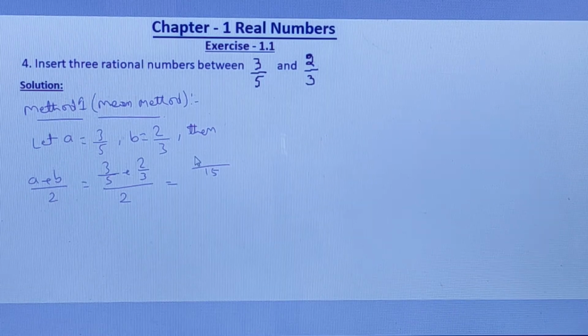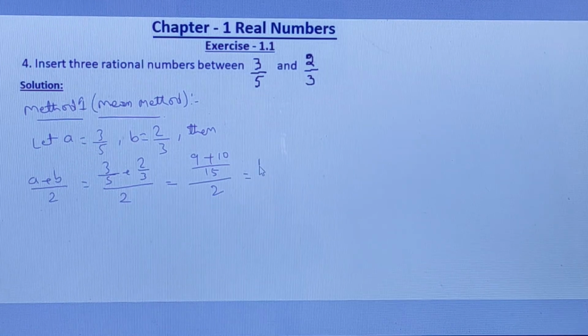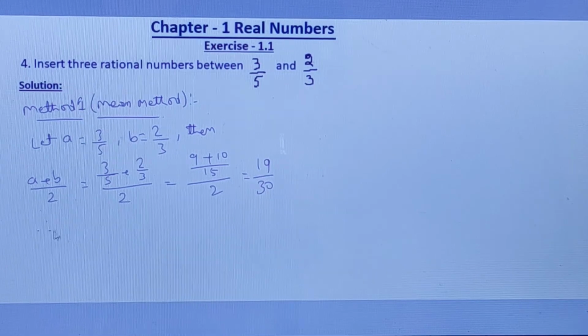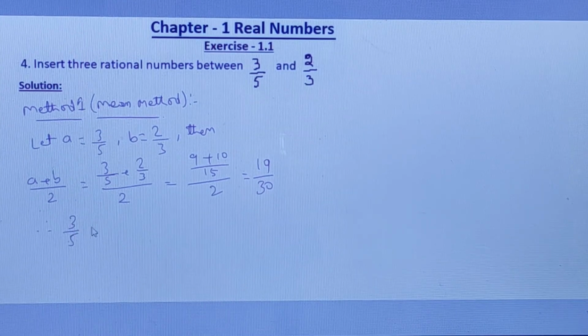So this is (9 plus 10) divided by 2. This is 19 by 30. Therefore, 3 by 5 is less than 19 by 30 is less than 2 by 3.